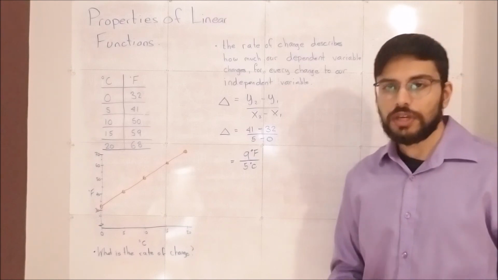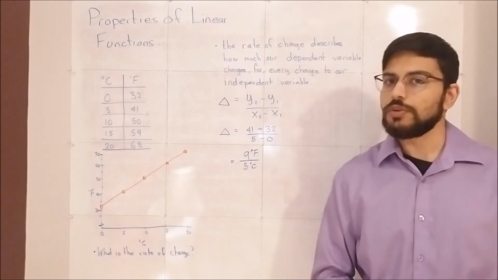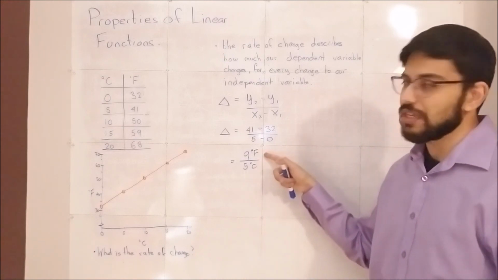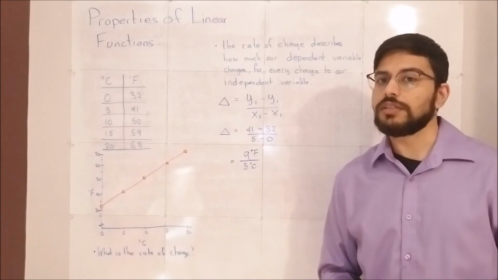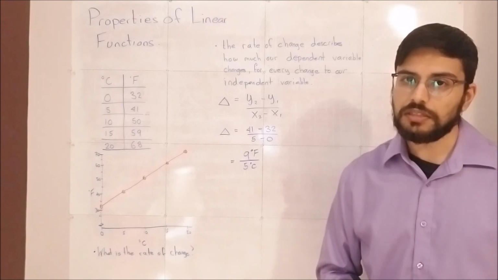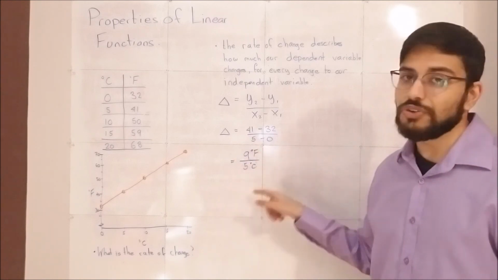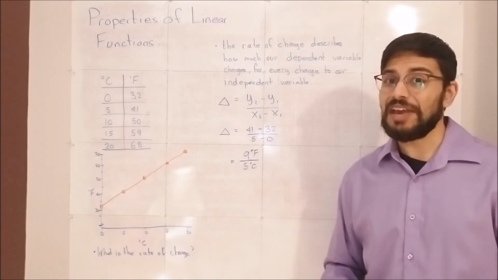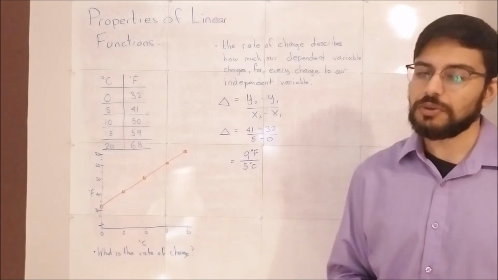So when we do our calculation, it ends up being 41 degrees Fahrenheit minus 32 degrees Fahrenheit. That leaves us with 9 degrees Fahrenheit over 5 degrees Celsius minus 0 degrees Celsius, which leaves us with 5 degrees Celsius. Don't forget your units in the final answer. I'm going to ding everyone on that if you do. The units are critical when dealing with the rate of change.